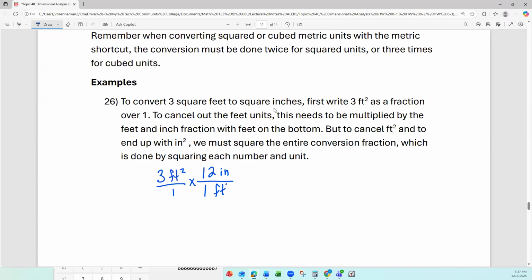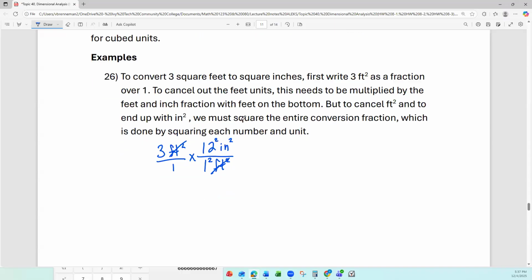If I want to have square feet, I have to also square each number and each other unit. Significantly, the 12 gets squared then. So then the square feet and the square feet cancel out.